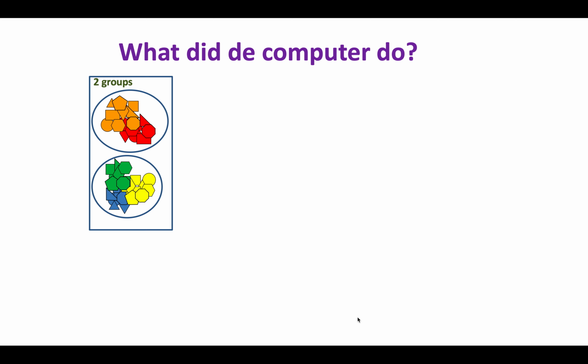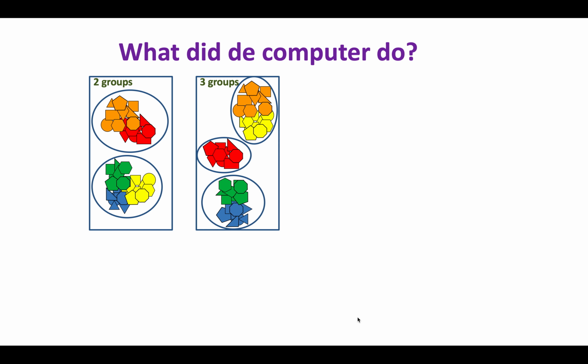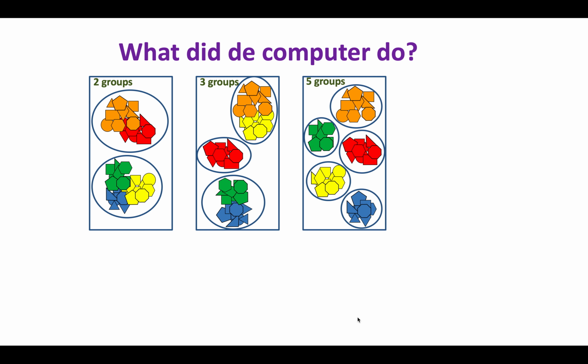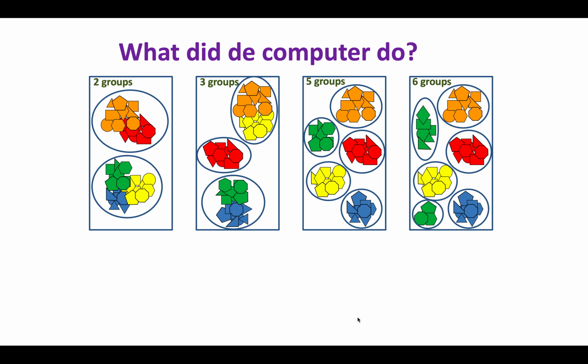If I tell it to make two groups, it did this. So it distinguishes on color. If I ask it to do three groups, it did this. Five groups, it actually got the colors together.